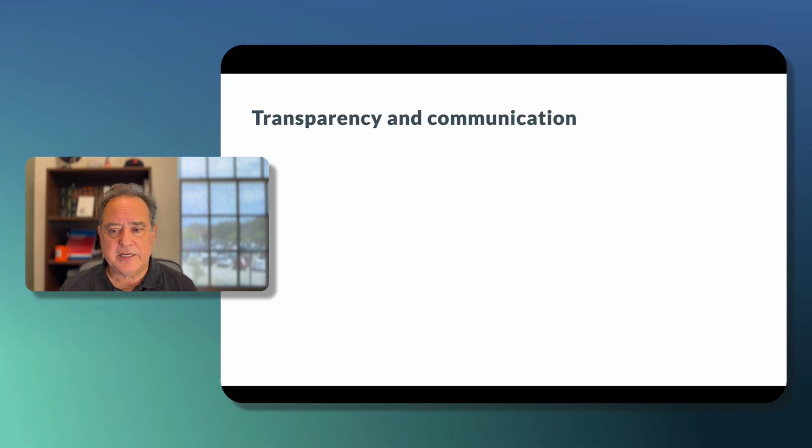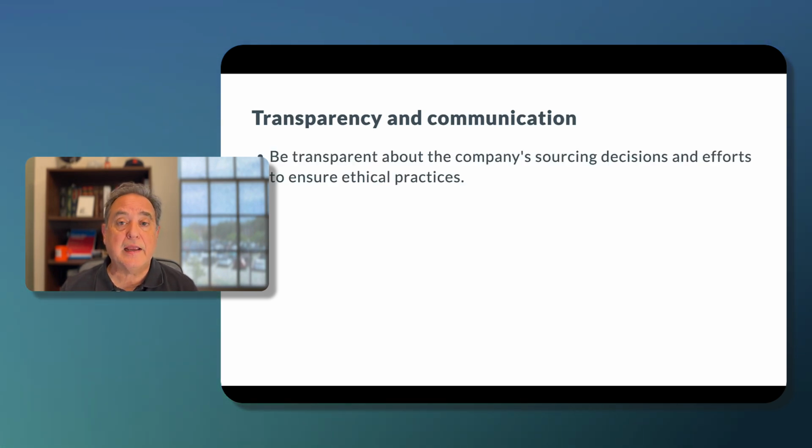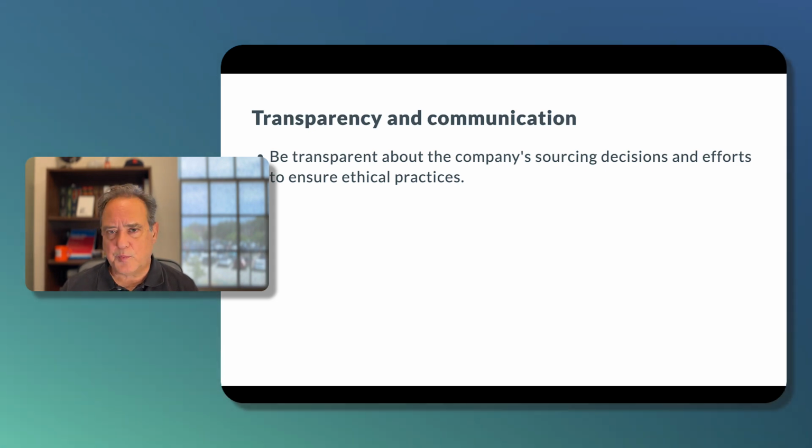Transparency and communication. Be transparent. Why is the company doing this? Be honest with our stakeholders. Let them know why we are making this sourcing decision. And then also explain what our efforts are going to be to ensure ethical practices in conjunction with the production of goods at this factory.